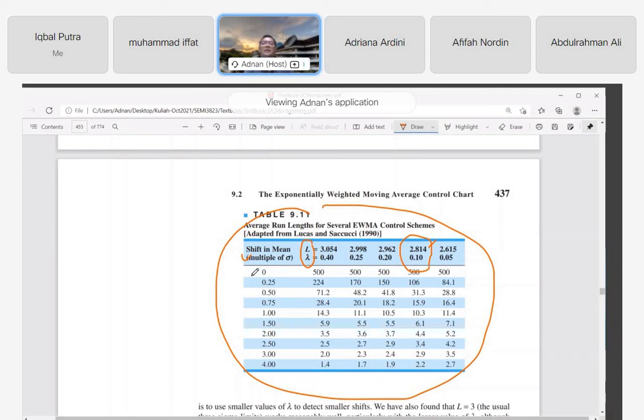For a stable process, they even get very impressive ARL values.